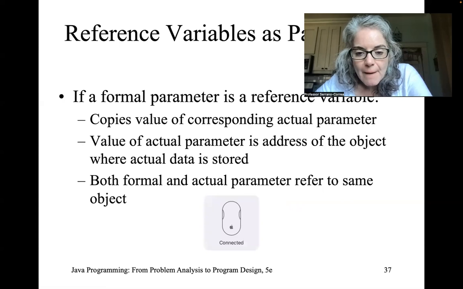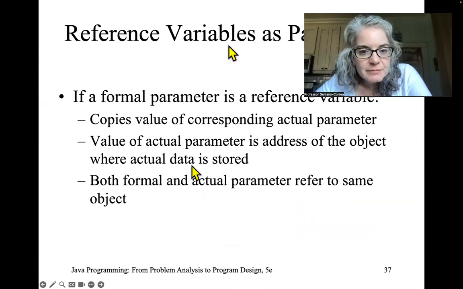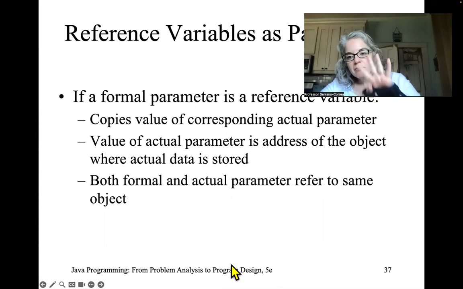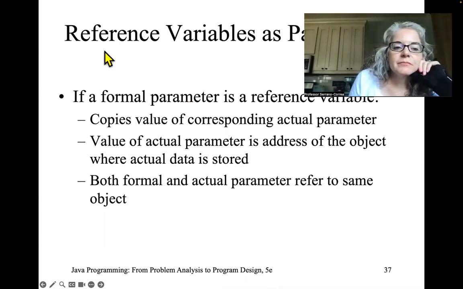So what that means is the following. I'm going to draw it out for you because it's easier to understand. If I have int n1 and int n2 and int num1 and int num2, that would be four separate variables.